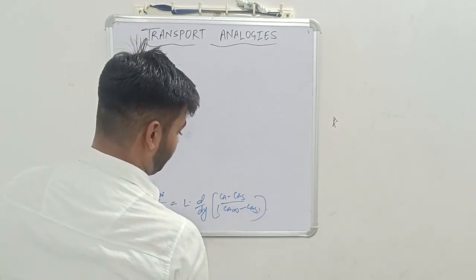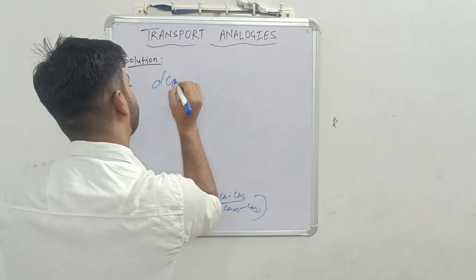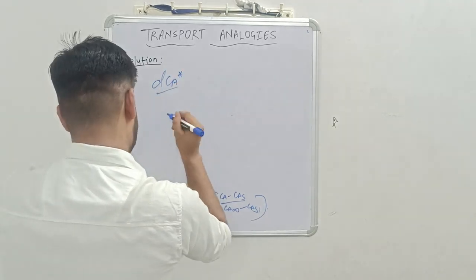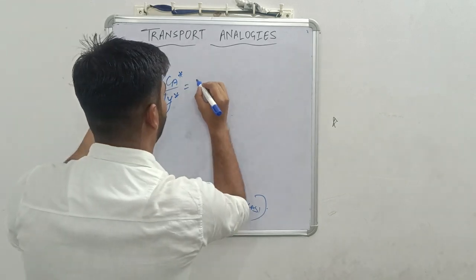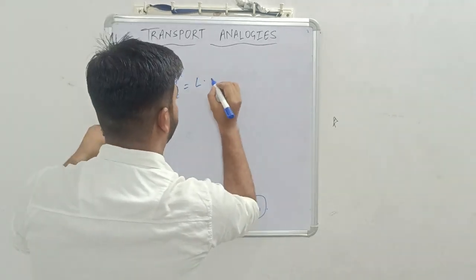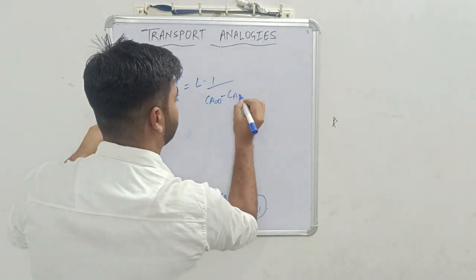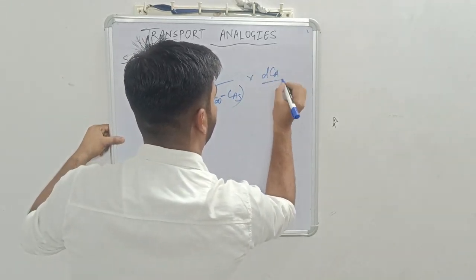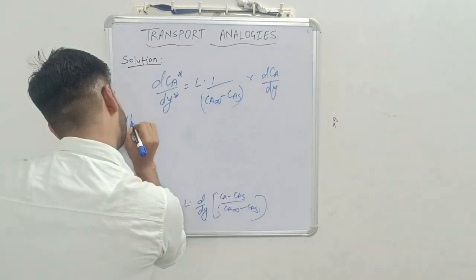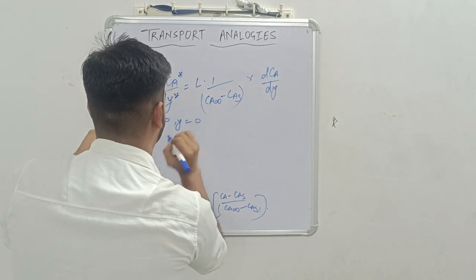Our equation comes out as dC star upon dy star is equal to L into 1 by C infinity minus CA surface into dCA upon dy, at y star equal to 0, y will be 0.